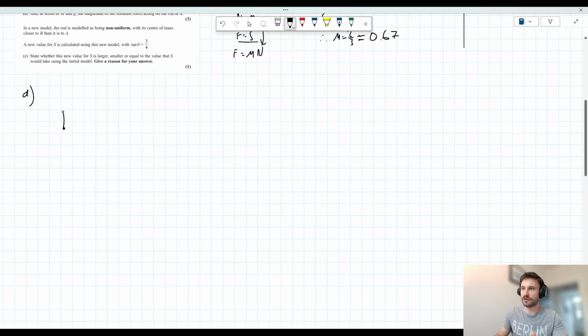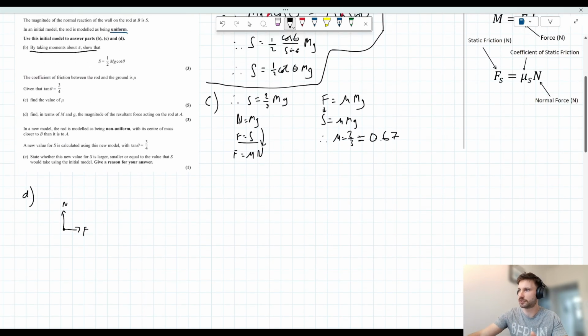We can say we've got force N and force F acting here. We've noted in the previous question, N is equal to mg. F is equal to mu mg, and we determined mu to be 2/3. So we can redraw this free body diagram in terms of mg here. N is equal to mg. F is equal to 2/3 of mg.